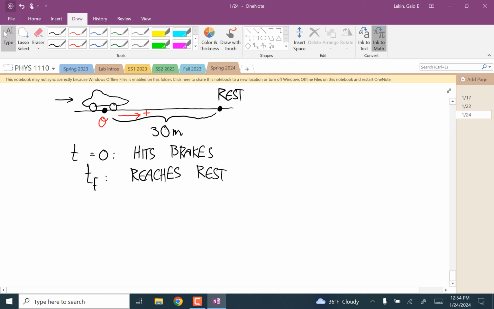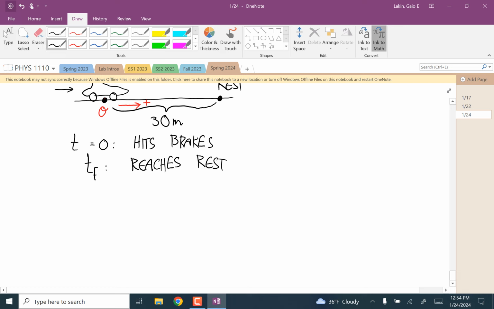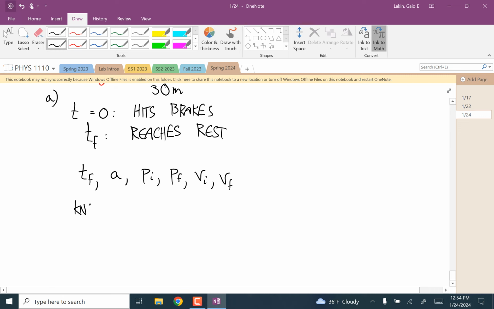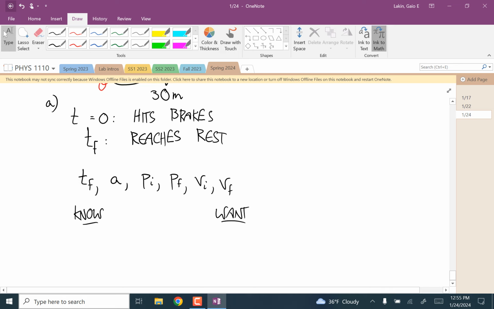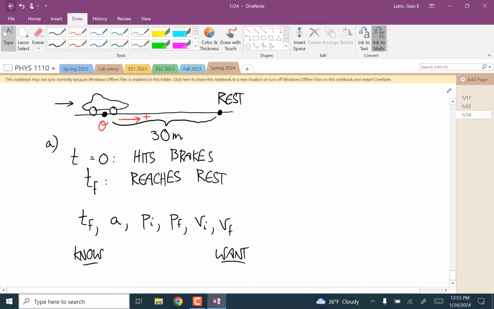And now we're going to list out the variables that we know and the variables that we're trying to find. Okay, so this first one is just for part A. I'm going to list out the variables and we're just going to go through them one by one. Do we know the amount of time that it takes for the car to stop?